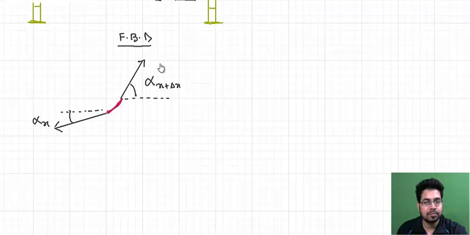The tension force acting at position x plus delta x, I will write as T at x plus delta x, and the tension force acting at position x, I will write as T at x.